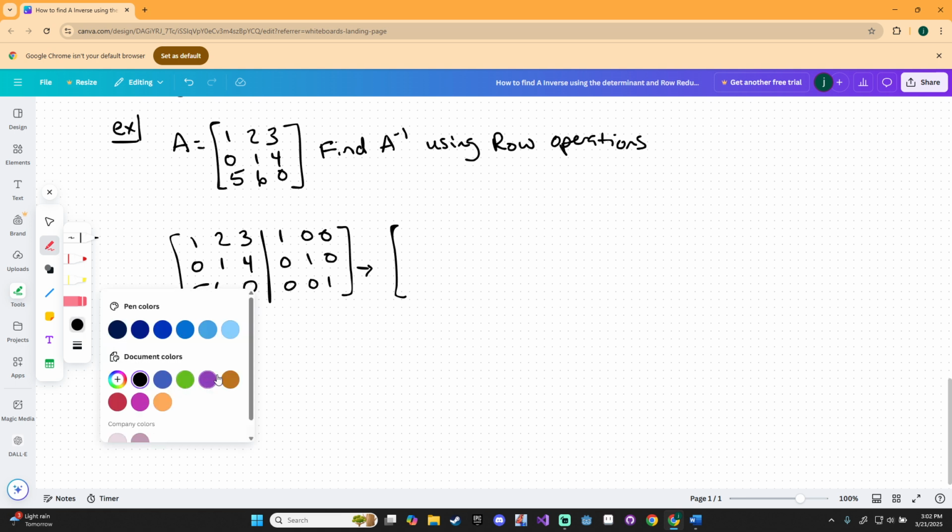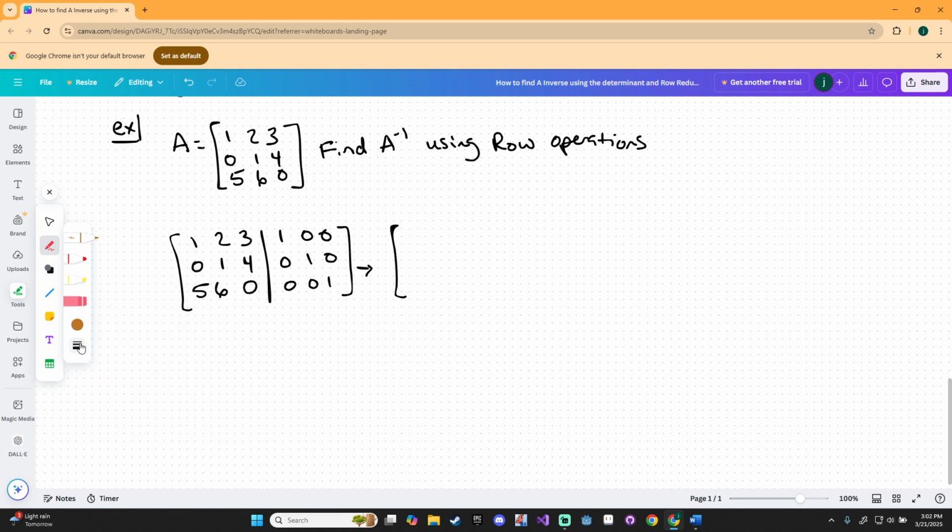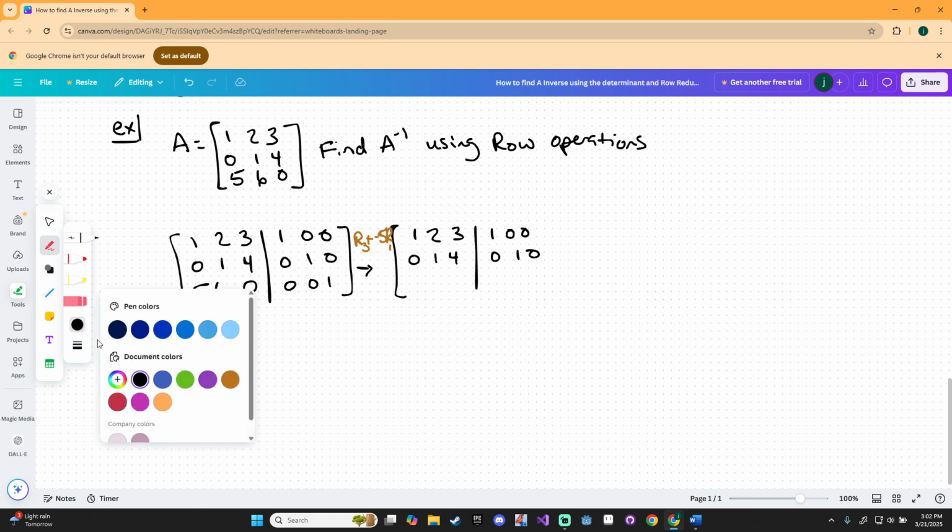So we'll do R3 plus -5R1. So we know this one stays the same. This one stays the same. And we'll change this one up.